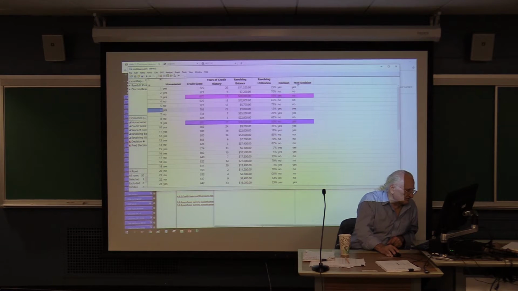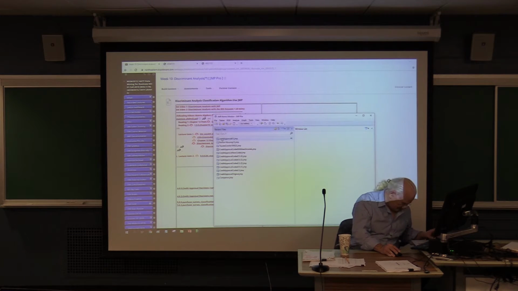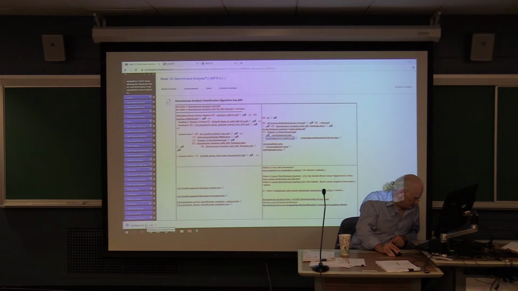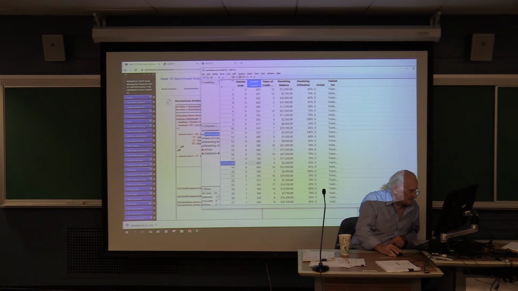The same thing with the decision, even though some algorithms will take them as they are. Let me delete this. I don't have too much. That's why I have credit approval coded 1. So this is data cleaned up. There you go. So I have it in the right format.